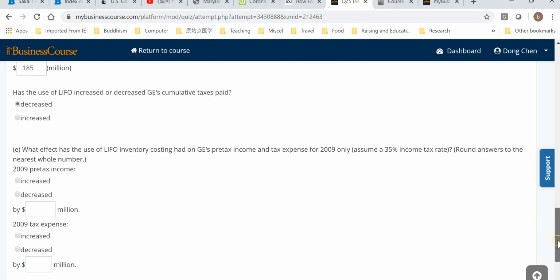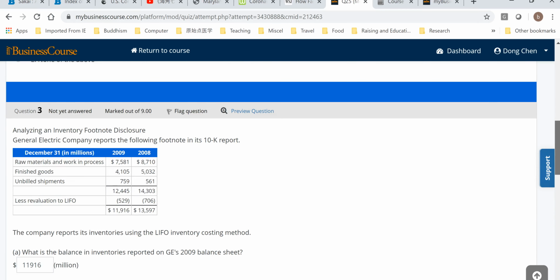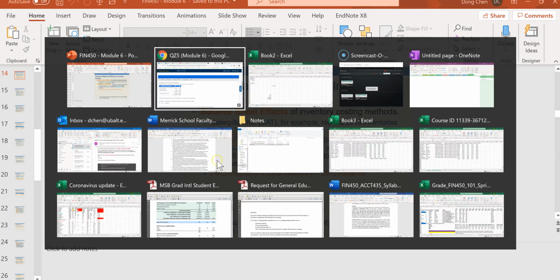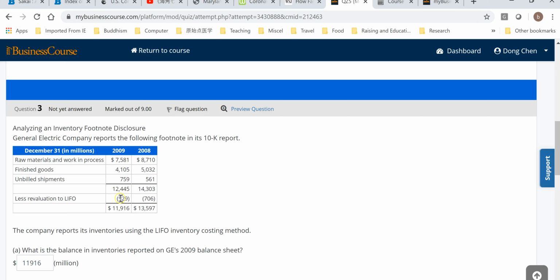And then we just need to look at, rather than just simply one year's, this is called LIFO reserve, right? Going back to the equation, LIFO reserve, rather than looking at just one year's LIFO reserve, we need to look at the difference, the change or the difference, right?